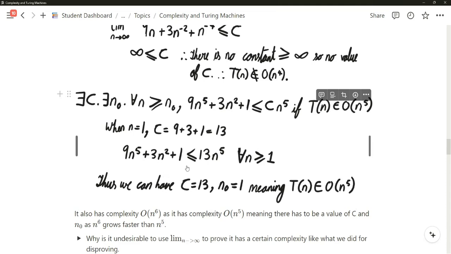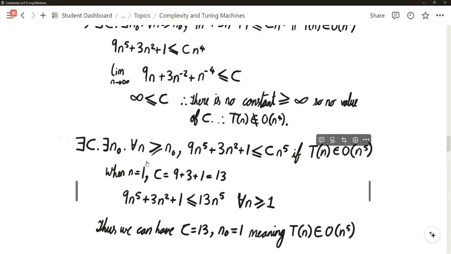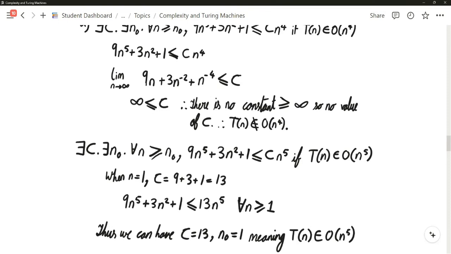What if at n0 equal to 1, the upper bound is not larger than the function? Then you just say n0 equals 2, I guess. But the thing is, because you've subbed in 1 at the start, it's always going to be greater than or equal to 1.